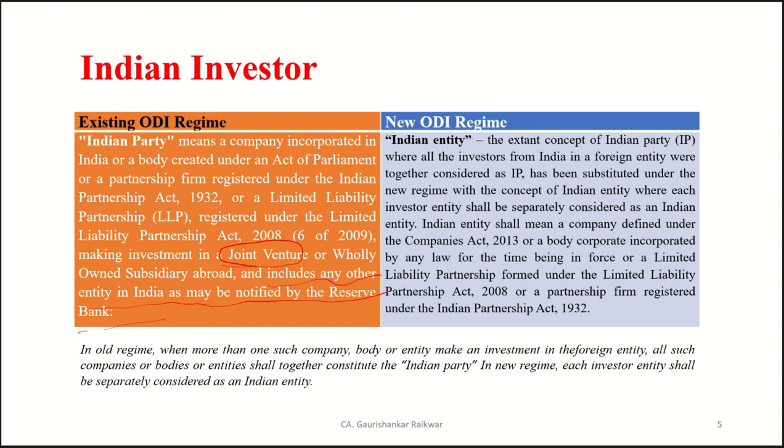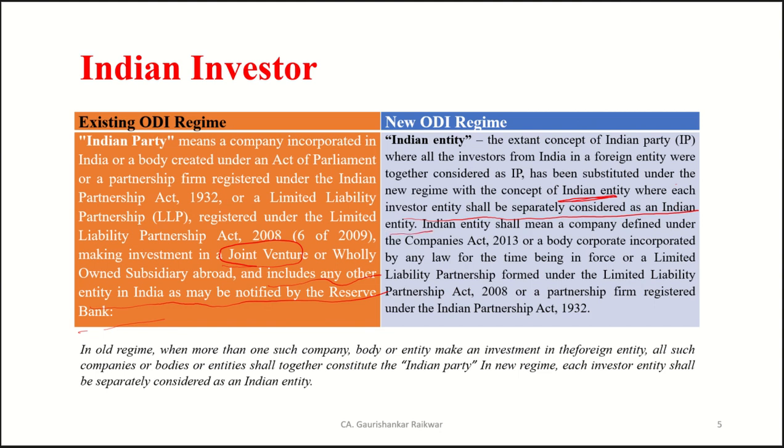Now Indian party has become the Indian entity. The concept of Indian party, where all the investors from India in a foreign entity were together considered as IP, has been substituted under the new ODI regime with the concept of Indian entity, where each investor shall be separately considered as Indian entities.